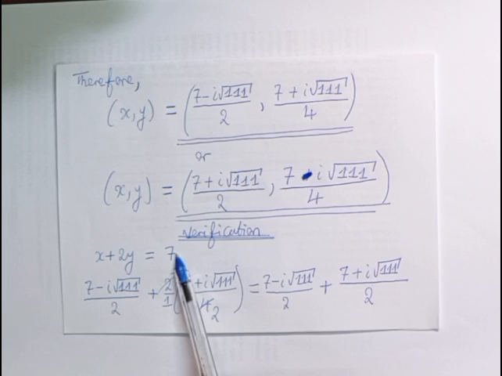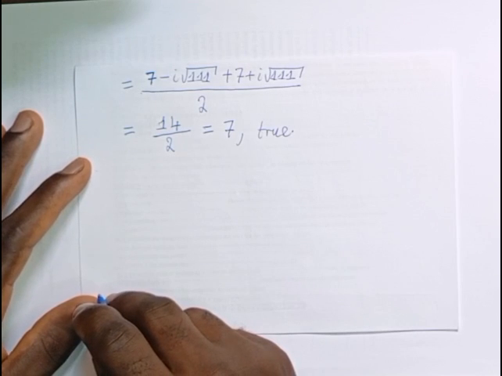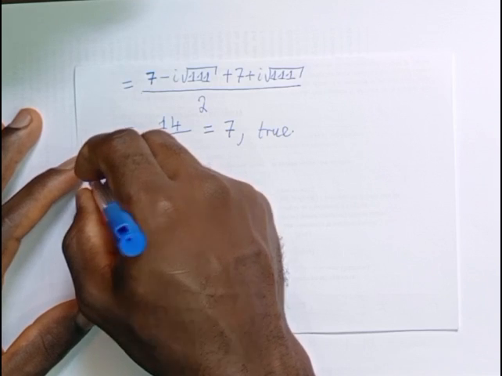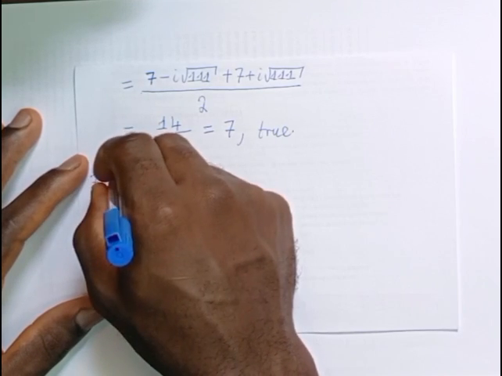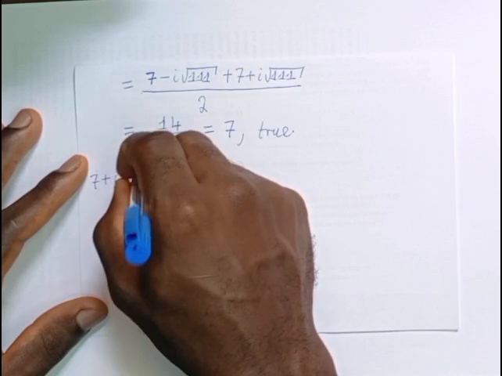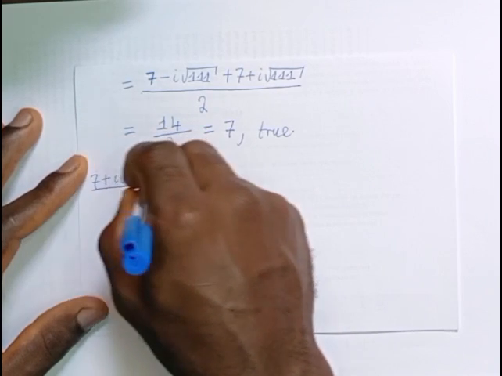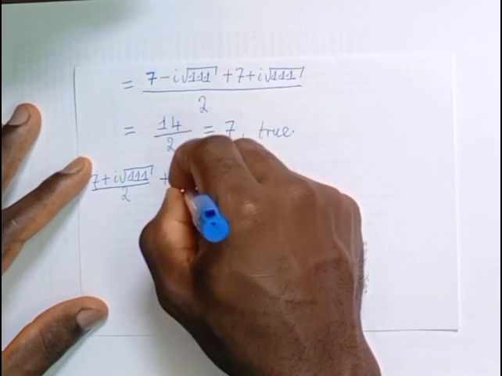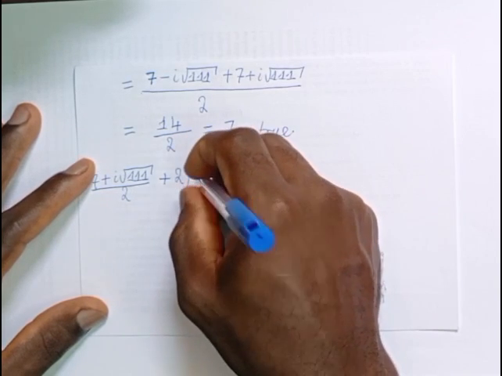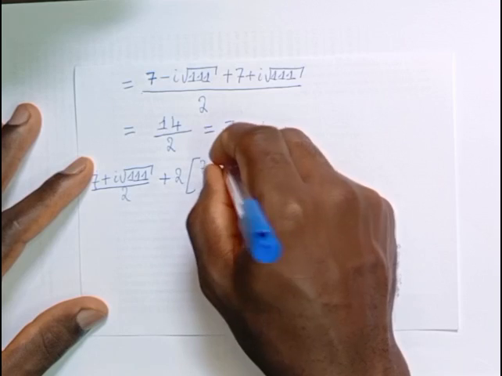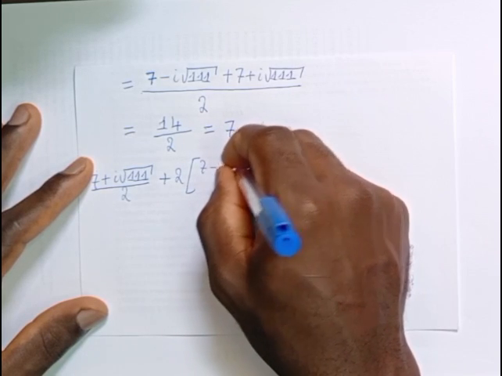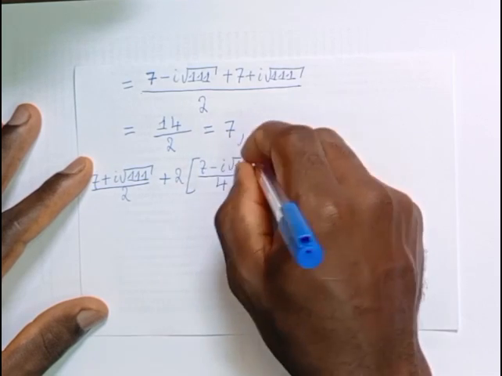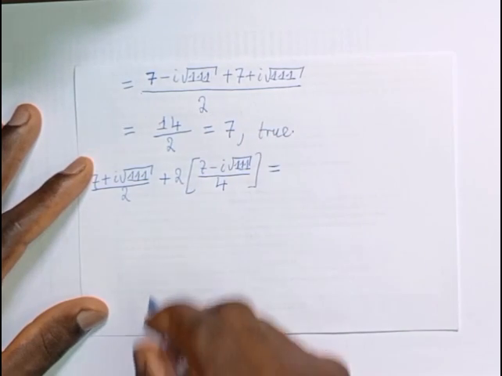Replacing x and y with their values, we have (7 plus i root 111) all over 2 plus 2 times the value of y, which is (7 minus i root 111) all over 4.